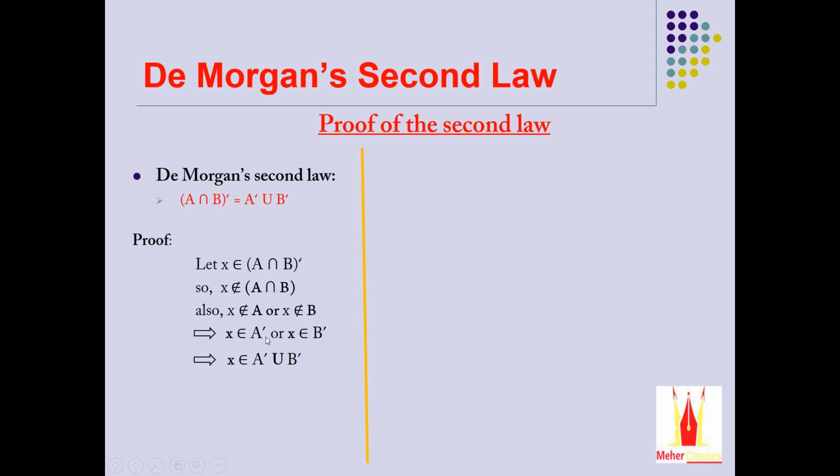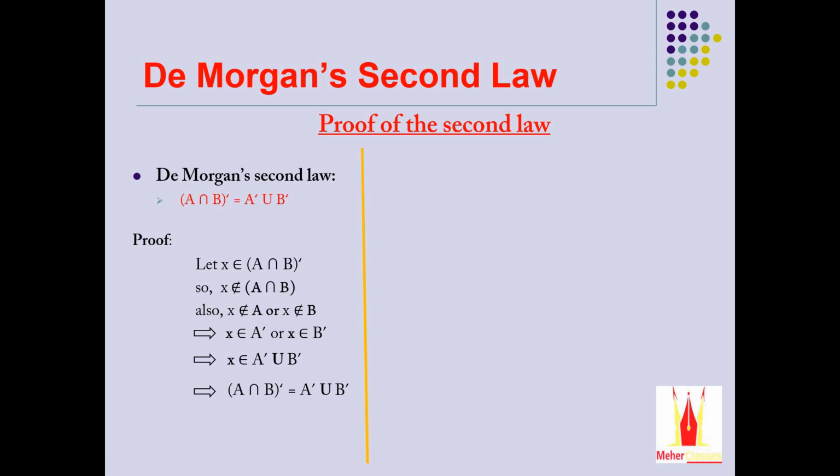Since X belongs to A complement or X belongs to B complement, we can say that X also belongs to A complement union B complement. And hence, since X is part of (A intersection B) complement and X is also part of A complement union B complement, this law holds true. So the second law is also proved.